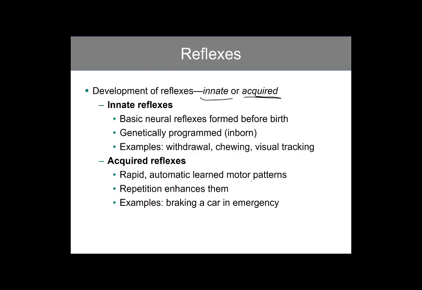For example, the textbook uses the braking of a car. Through repetition, we become very well trained reflexively to hit the brake on the car under certain circumstances. I've seen other sources cite skiing and certain sports where one's actions almost become reflexive. So these are acquired reflexes.